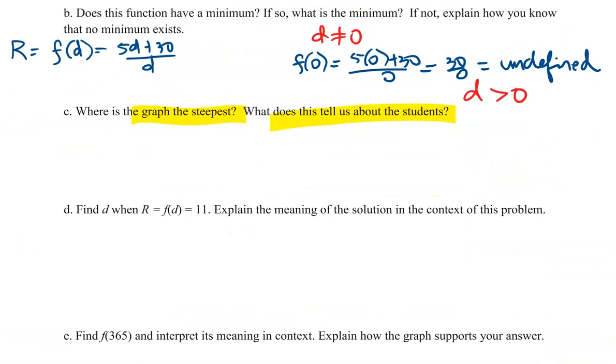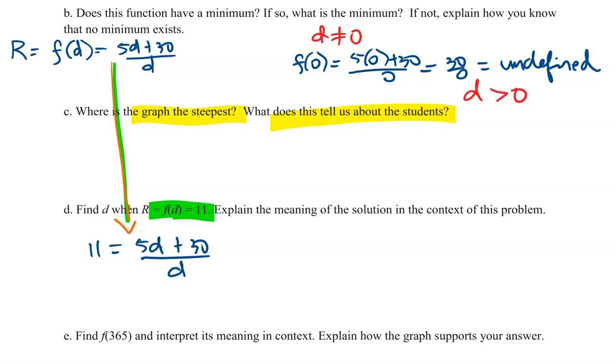Now letter D, find d when f of d is equal to 11 and explain the meaning of the solution in the context of this problem. Okay, so using this formula, if f of d is equal to 11, we can solve for d.